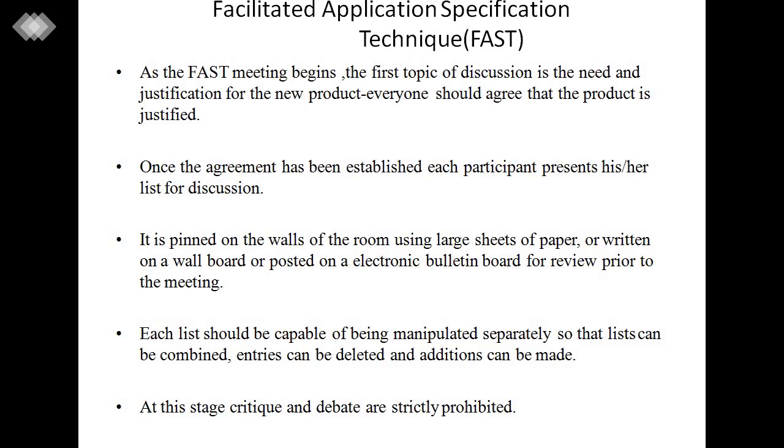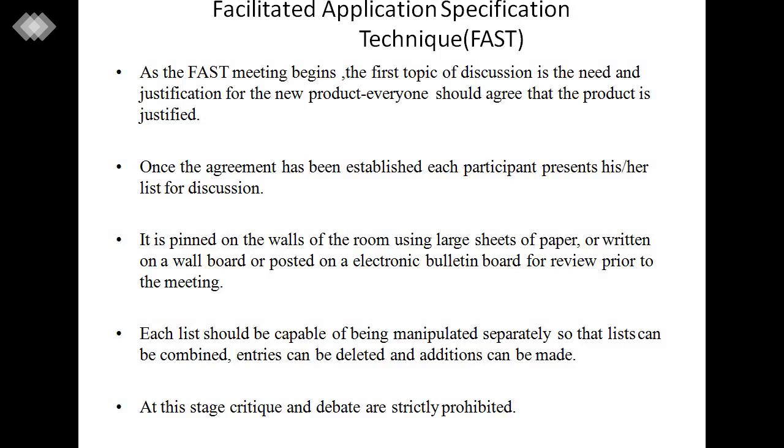Everyone should agree that the product is justified. Next, once the agreement has been established, each participant presents his or her list for discussion. It is pinned on the wall of the room using a large sheet of paper, or written on a wall board, or posted on an electronic bulletin board for review prior to the meeting.